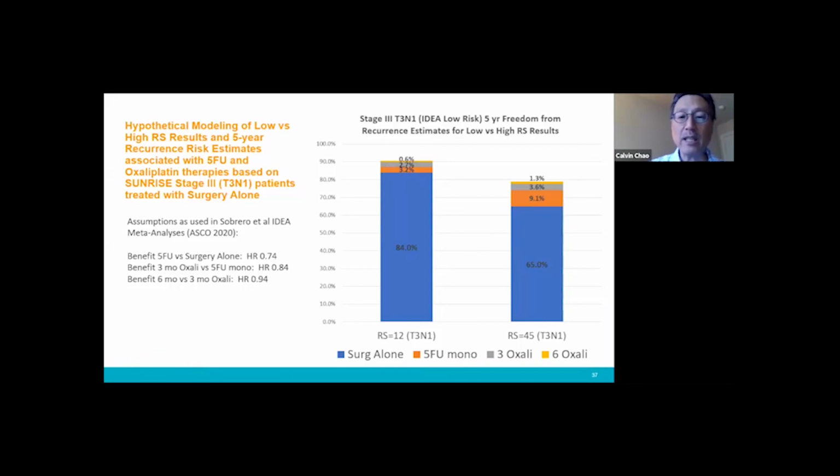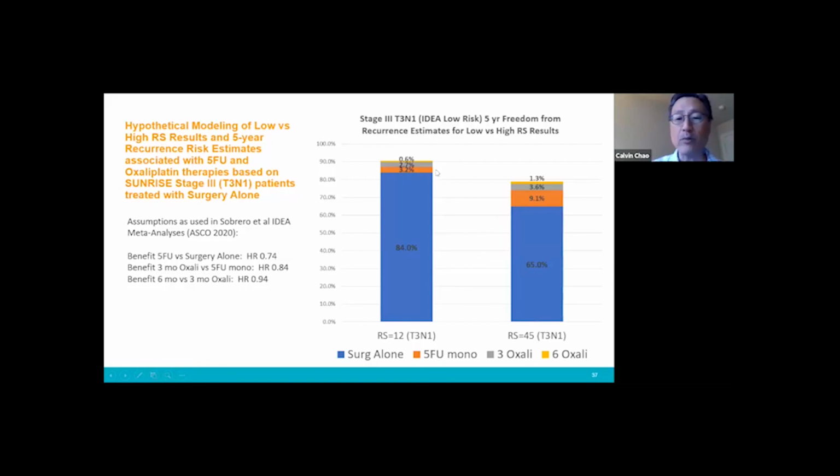And you would get just a little bit more from 5-FU monotherapy, maybe 3.2%, and just a little bit more from adding the 3 months of oxaliplatin, and really not much more at all with the 6 months of oxaliplatin.